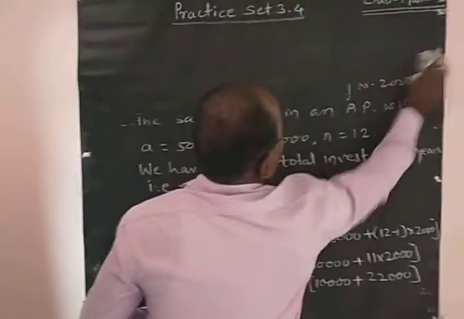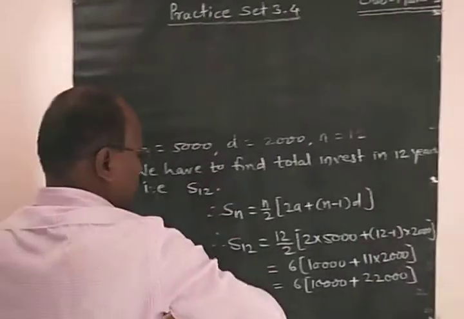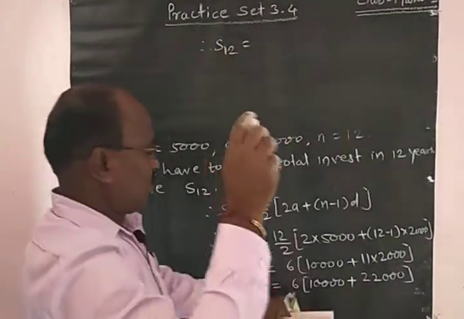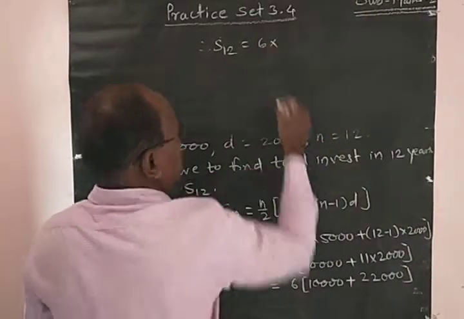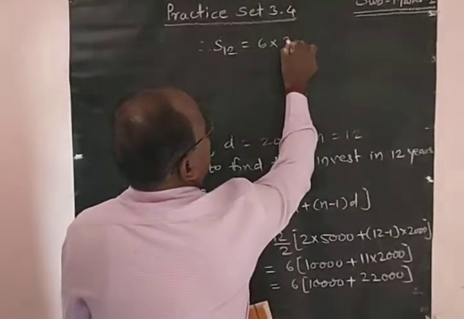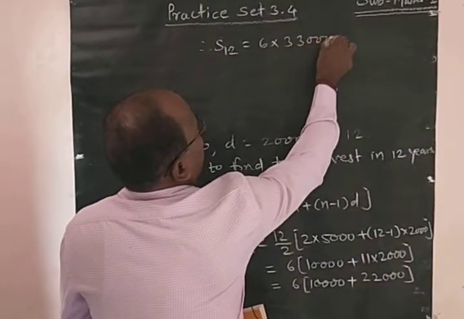So S12 is equal to 6 into sum of 10,000 and 22,000, that is 33,000.